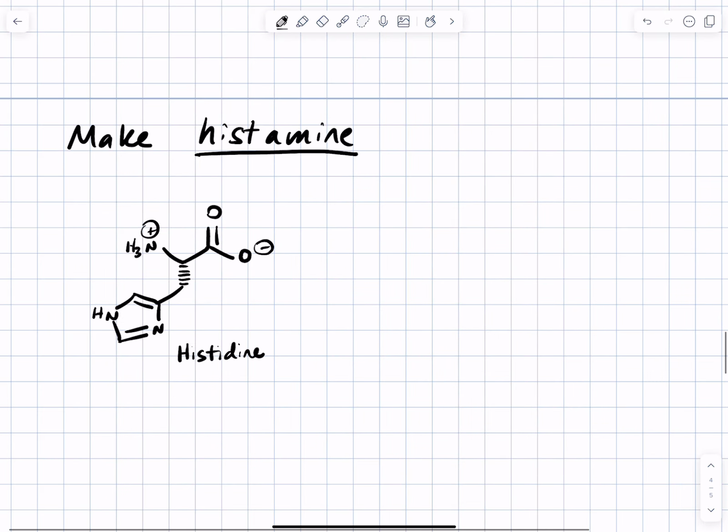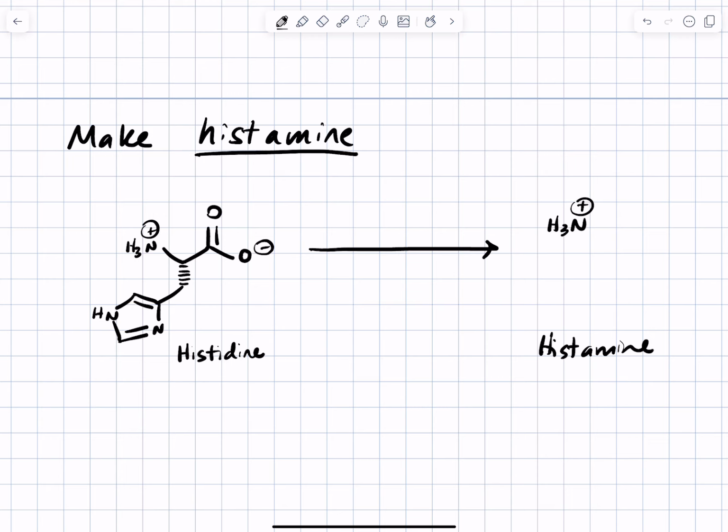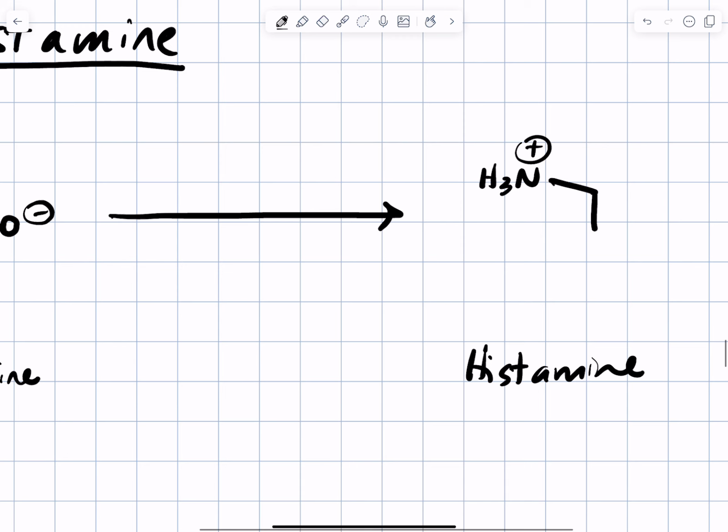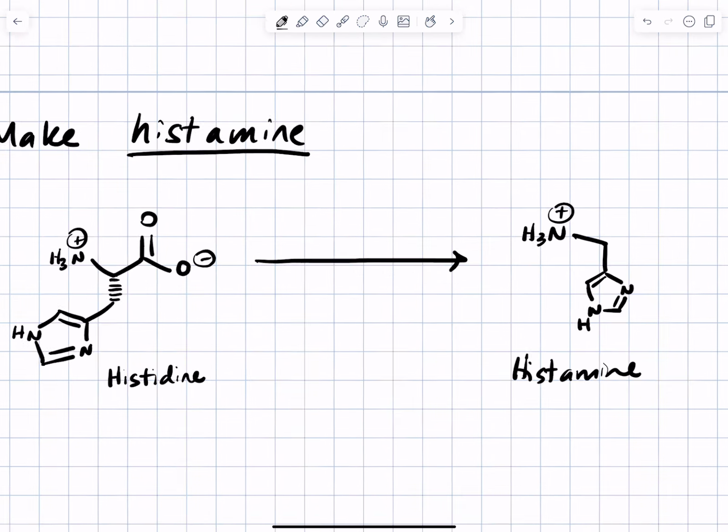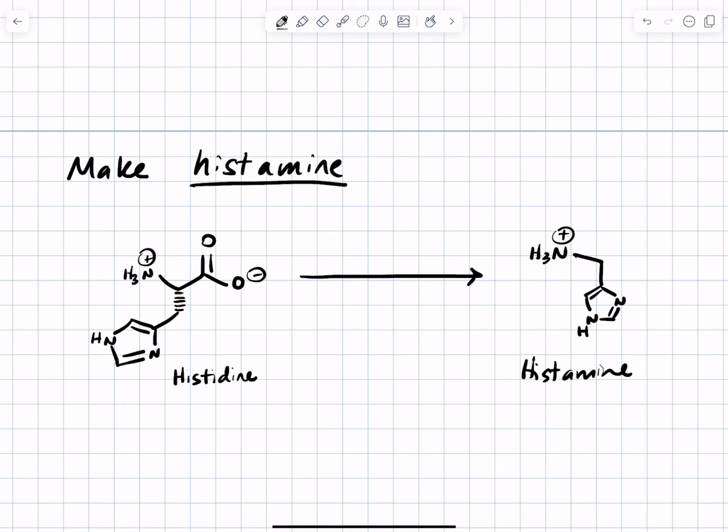And your body will convert that into histamine, which has the same basic structure, only lacks the carboxylic acid group. So this is histamine, and if you, heck, I just lost a carbon.